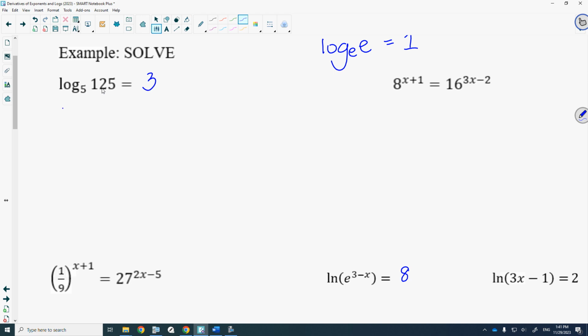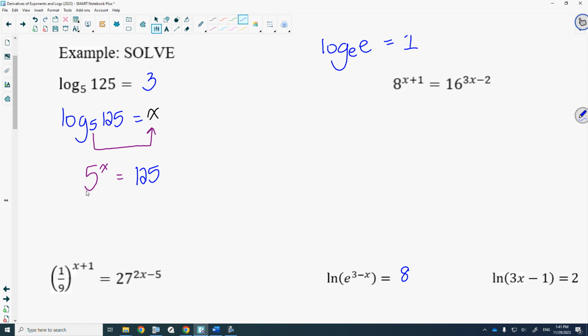Or the other way that we could have done this from 30-1 is log base 5 of 125 is equal to x. And we want to get out of log form. We can get out of log form by going into exponential form. So rewriting this as an exponential equation, it'd be 5 to the power of x is equal to 125. And then we wanted to get the same base.